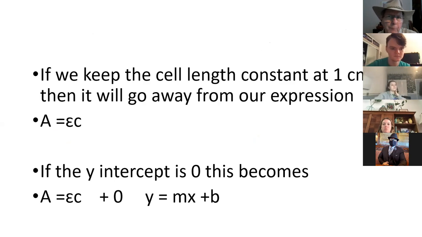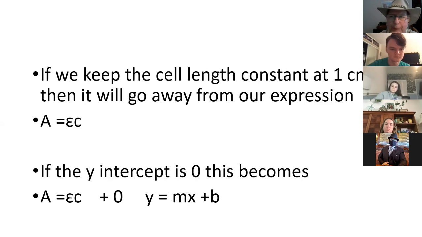The thing is, we have control over one of those things. We can control the path length. If we keep all of the path lengths at 1 centimeter, it goes away from the expression. So I can simplify this: the absorbance is equal to that funny looking epsilon, the molar absorptivity, times the concentration.